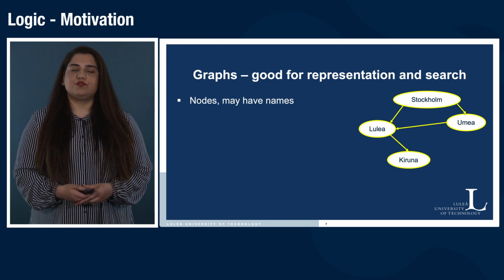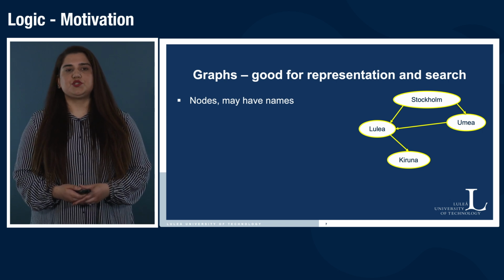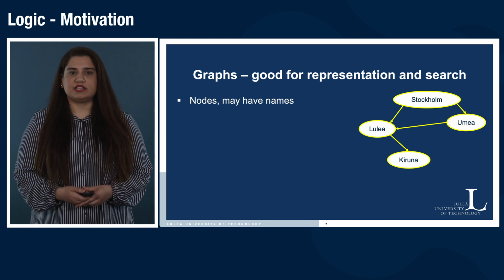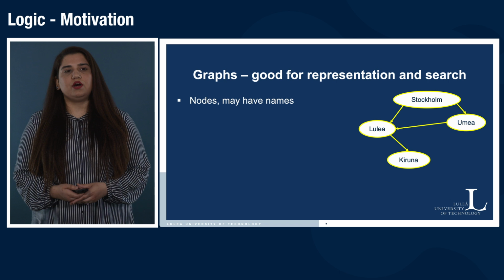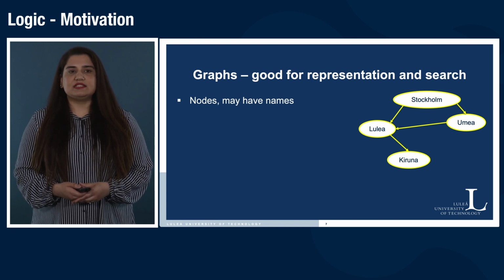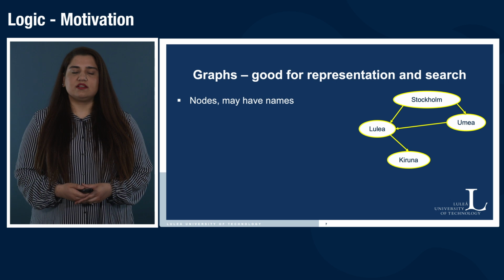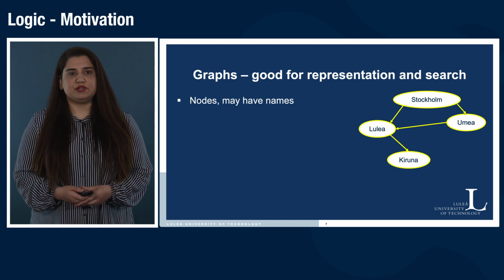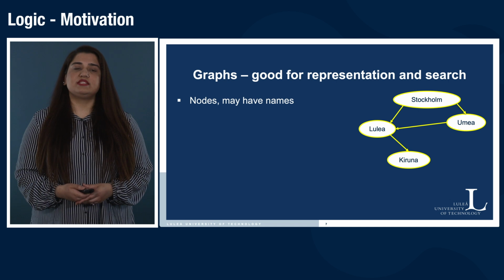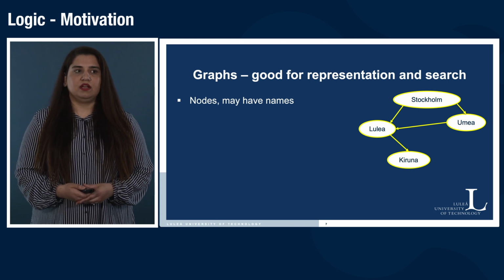This problem is about traversing from one city to another, and we have some aerial distance between different cities, for example from Stockholm to Luleå, Umeå to Luleå, Luleå to Kiruna. All these lines between these circles represent some distance between these cities. The circles represent nodes, and nodes can have names in them.